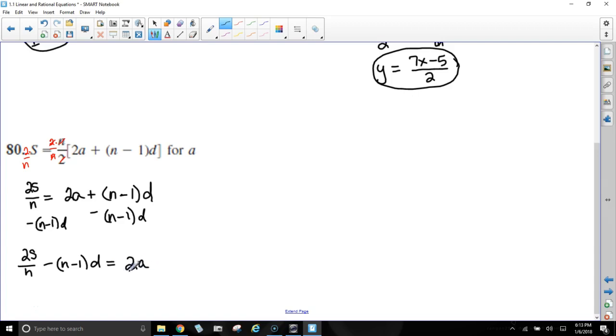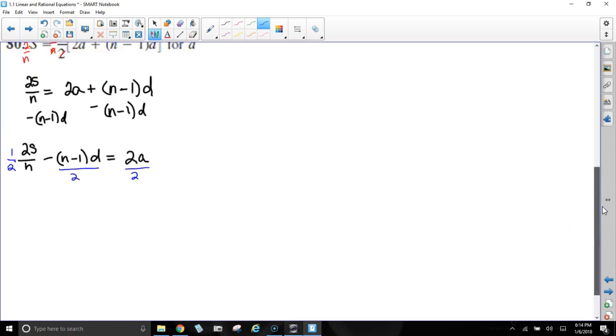Now the last thing we need to do is divide both sides by 2. Divide each term by 2, or an option to dividing by 2 is multiplying by a half. Here I'm going to write divided by 2. For this term, I'm going to write divided by 2. I don't want to create a complex fraction here, so we do know that dividing by 2 is the same thing as multiplying by a half, so that's completely legal.